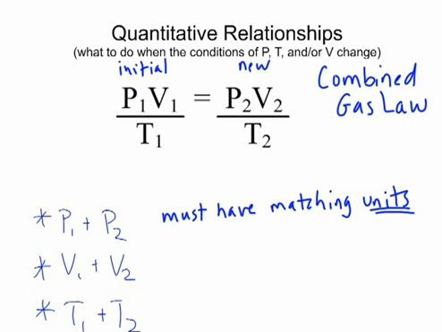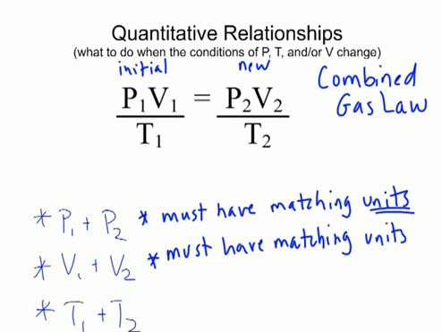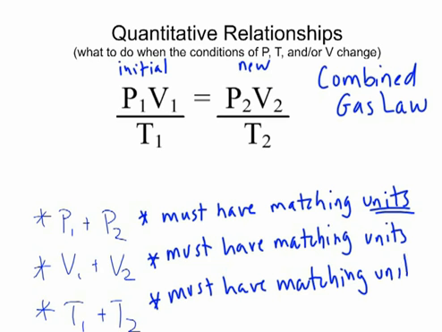Same for volume. The volume units must match. Either they both have to be in liters or they both have to be in milliliters. It does not matter so long as they are the same. The temperature units must also match, but it does matter which unit you use, and that unit, of course, has to be Kelvin.